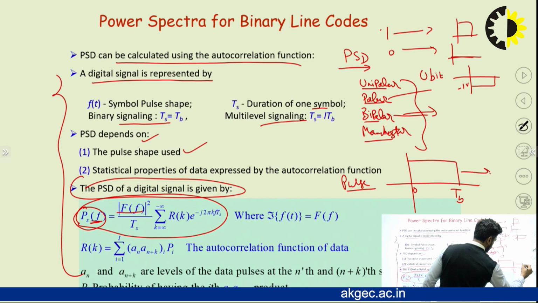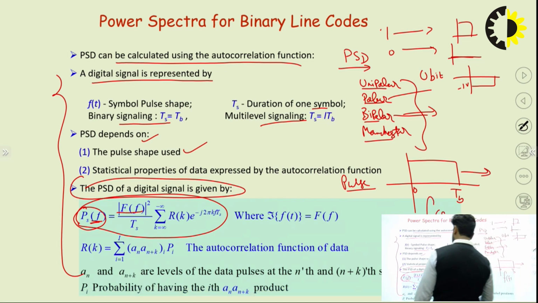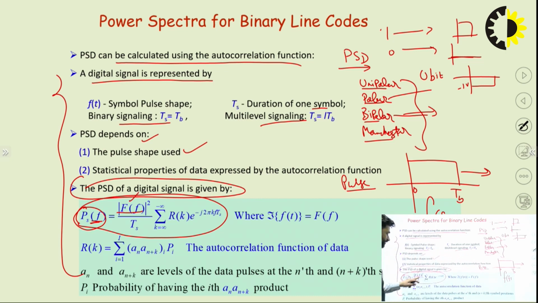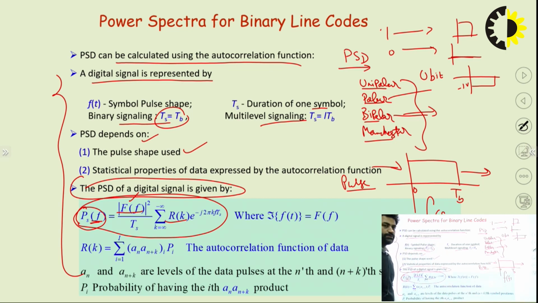You have to find out the Fourier transform of this, denoted by F(f). This term is |F(f)| squared divided by Ts. Ts, the sampling time per bit, is equal to Tb, right. Summation of R(k), where R(k) is the autocorrelation function of the pulse. This is the pulse that we are using for unipolar, polar, bipolar.